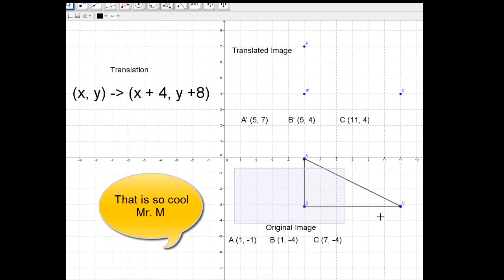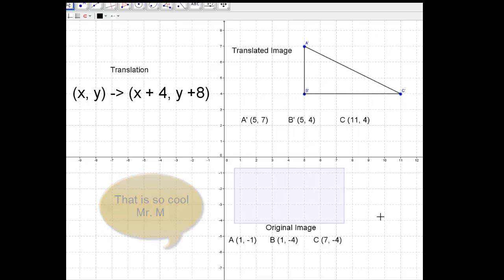It doesn't have to move the x first, you can move the y first. It just happens to be the order that I've done it in these examples. And that's it. That's all there is to it, folks.